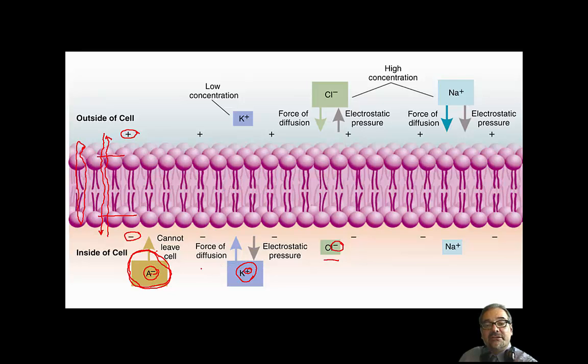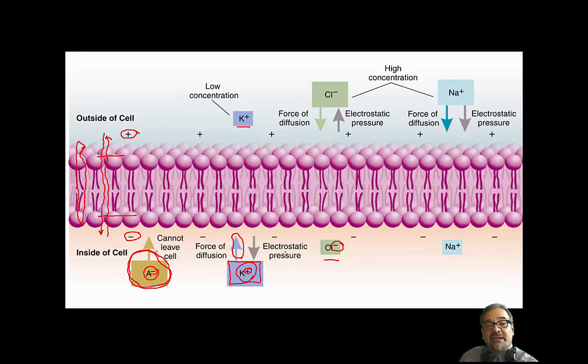So in this image, bigger boxes like this indicate that there is more concentration of potassium on the inside compared to the outside, and smaller, obviously, is the opposite. Also, pay close attention to the arrows. The arrows mean something.